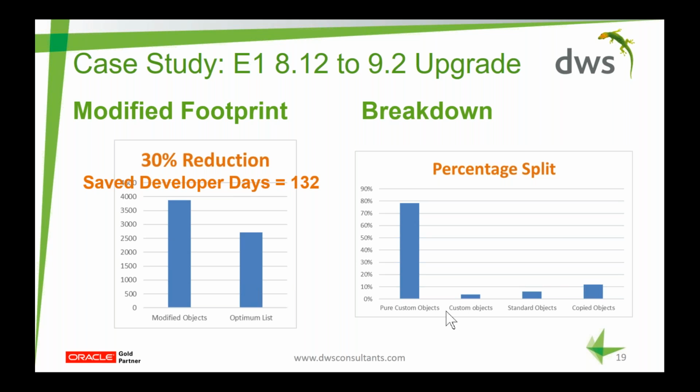Just a note, standard objects can be quite consuming to upgrade during an upgrade, and there are significant differences between releases. However, we found in this case that luckily those objects weren't especially heavily modified.